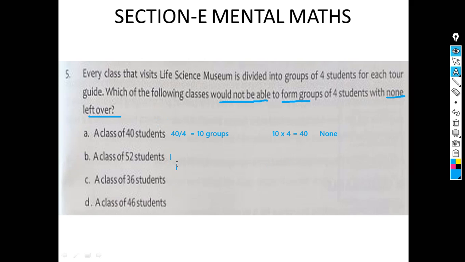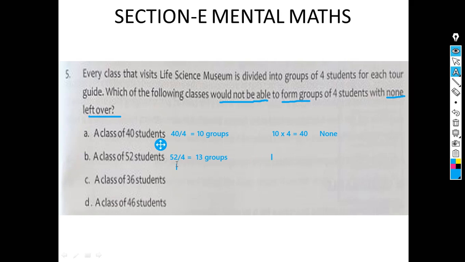Next, in the second class there are 52 students, so we have to make groups of 4 students. The number of groups that we can make is 13. If we divide 52 by 4, we get 13. So the number of groups formed will be 13.